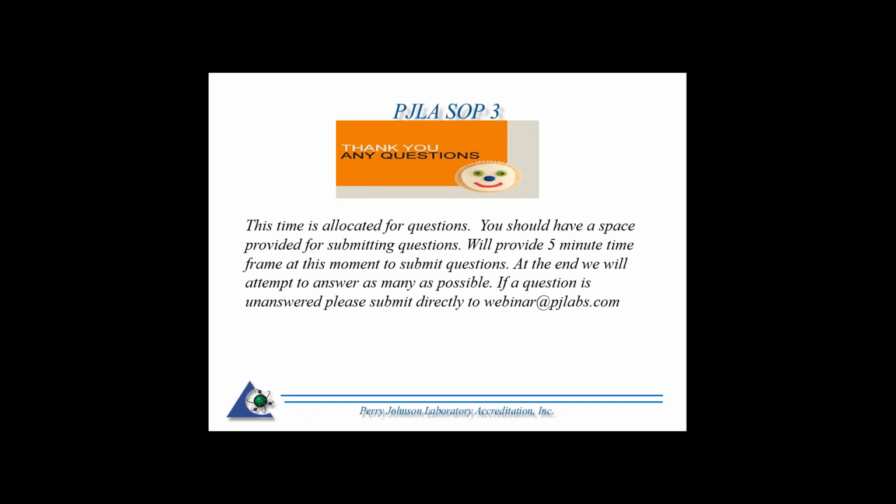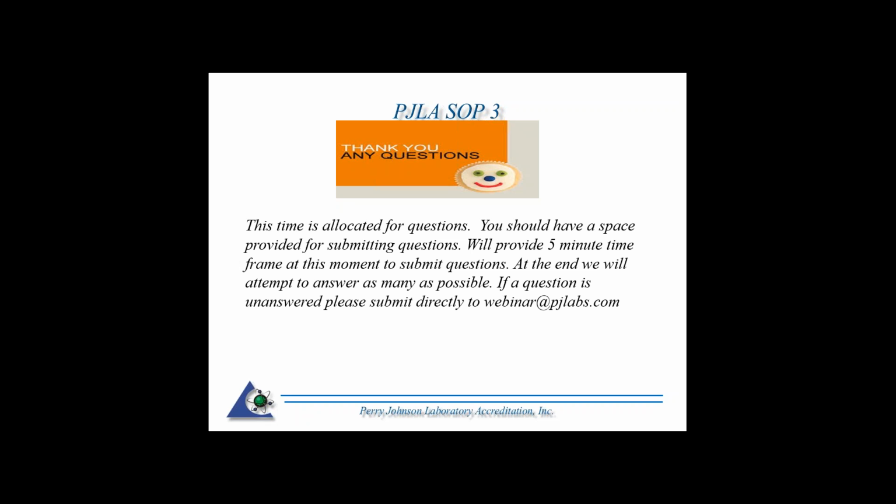That's basically all I have for this presentation. SOP 3 is relatively short. I think we hit on all the major highlights here. According to major changes, the usage of the symbol and the presentation of the symbol is the same.